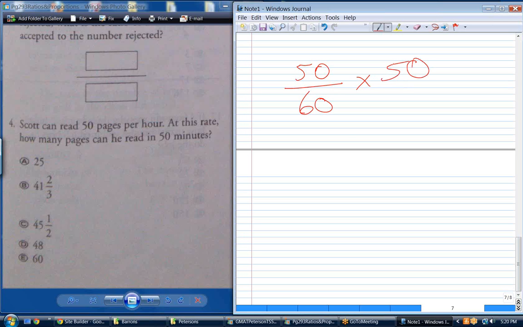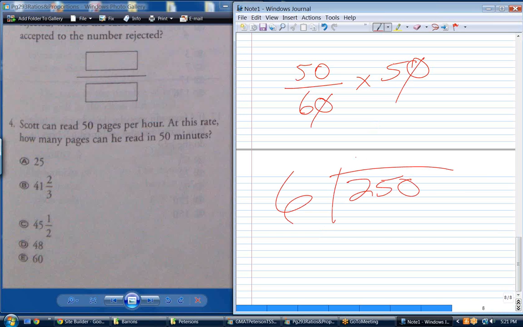Yeah. Now, to come up with the answer, let's see what the easiest thing to do here is going to be. Well, we got 250 divided by 6. The moment we get that number, that's all we need.